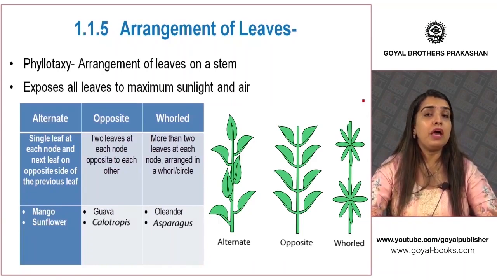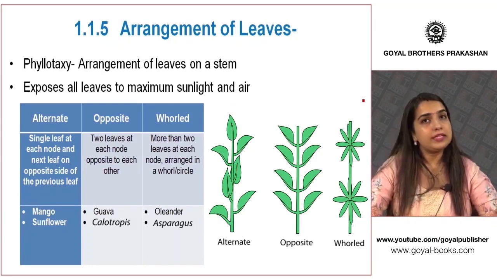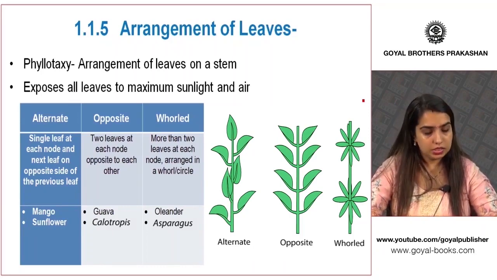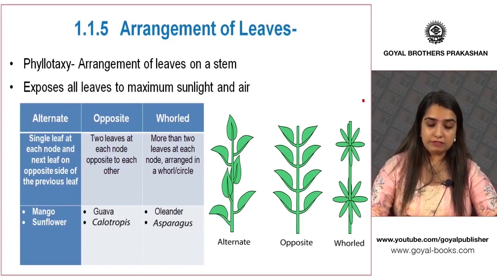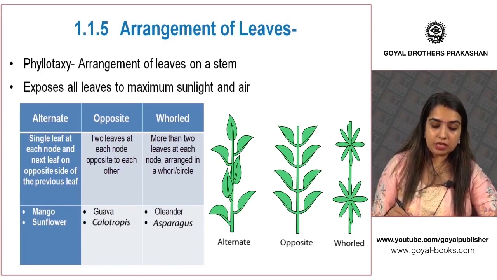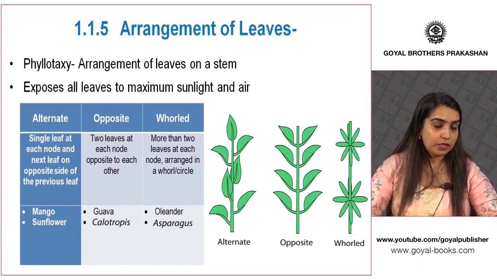Under this, we have three kinds of arrangements along with pictures to substitute the theoretical part. We begin with alternate, opposite, followed by whorled. In an alternate arrangement of leaves, we see that the leaves grow alternately on opposite sides of a stem.